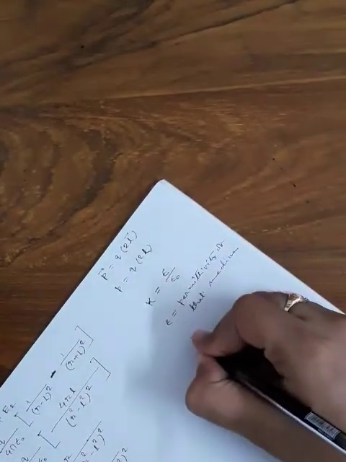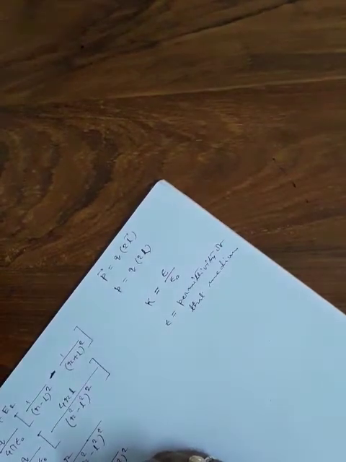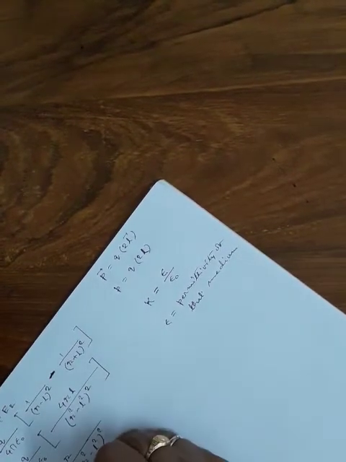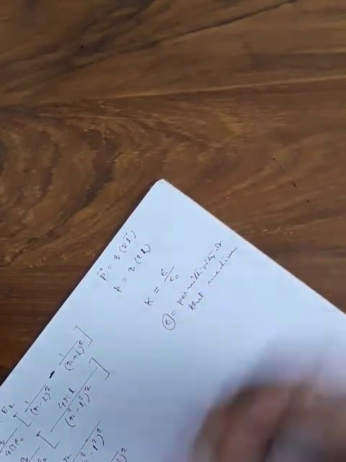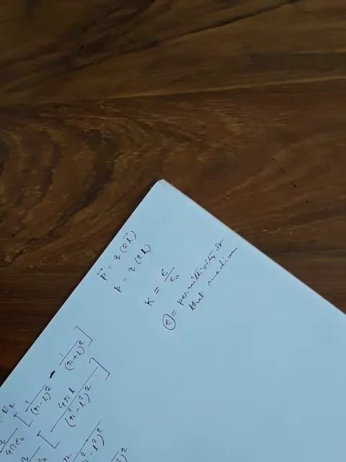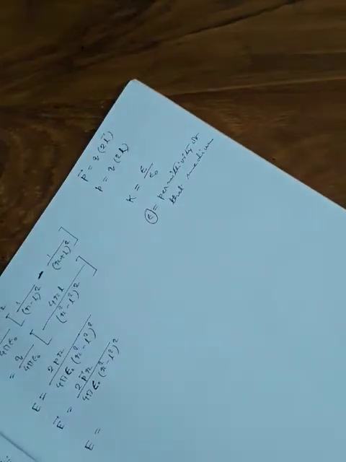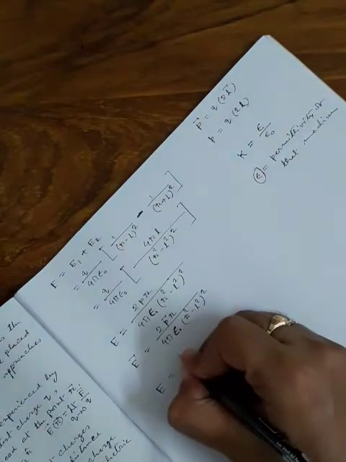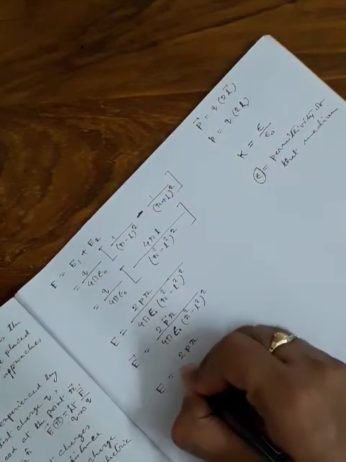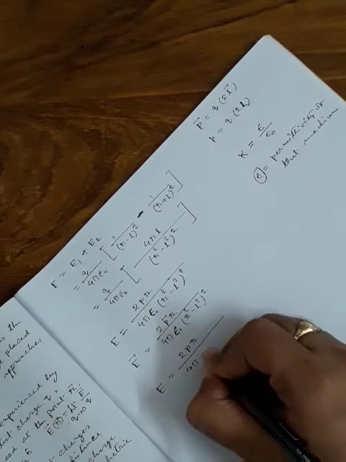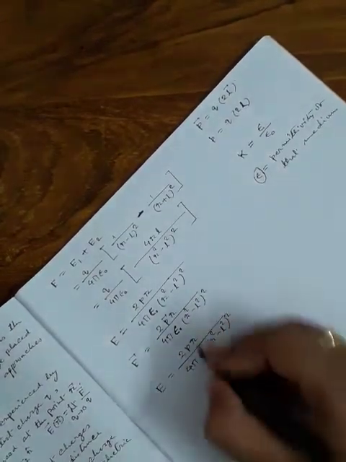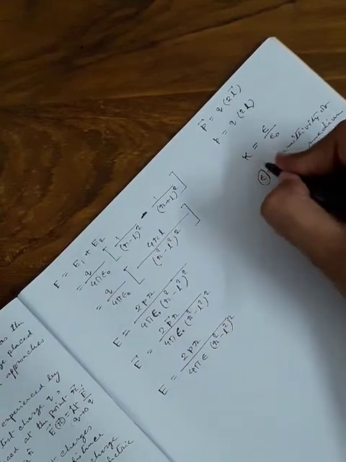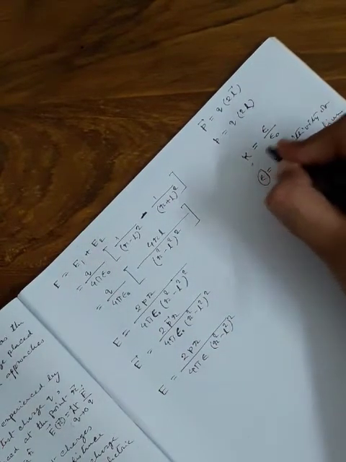Then this epsilon 0 will be replaced by this epsilon. Then the equation will be E is equal to 2Pr by 4 pi epsilon into r square minus L square whole square, and this epsilon can be replaced in terms of this dielectric constant.